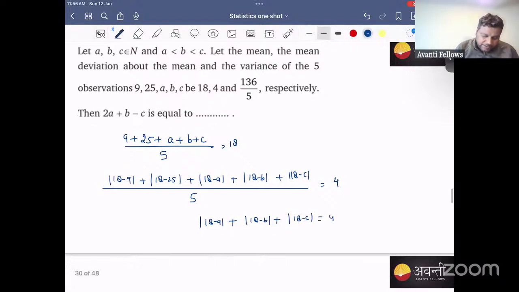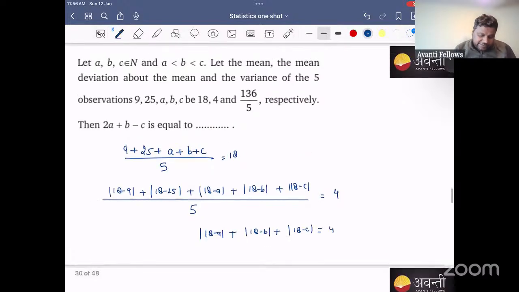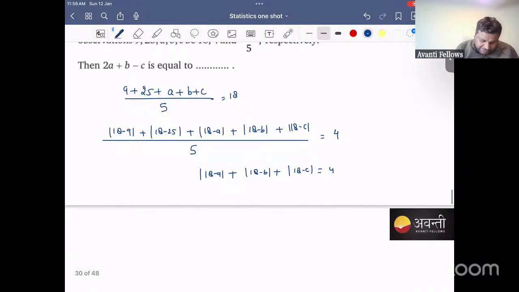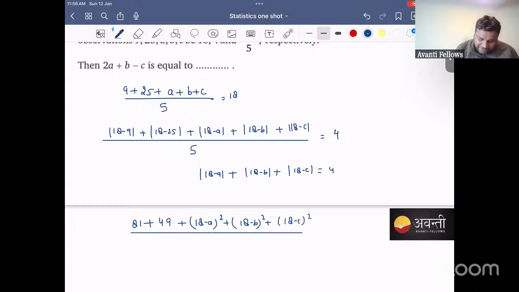4. Now, and variance. Variance is given to you as 136 upon 5. That means (18 minus 9) square, 81, plus 49, plus (18 minus A) square plus (18 minus B) square plus (18 minus C) square, whole divided by 5.